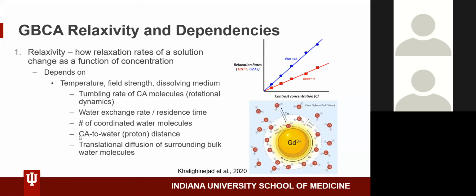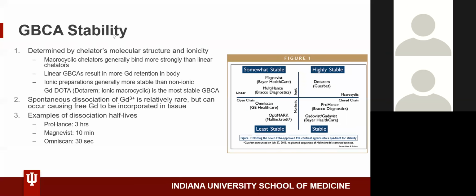And then pretty intuitively, the contrast agent to water distance. We talked about these different spheres of influence, so to speak. So this is again relating relaxivity of these different contrast agents, making sure we understand that they're dependent on a lot of different factors. And the relaxivity, again, the higher it is, the more contrast or the more enhancement that you're going to have in the signal.